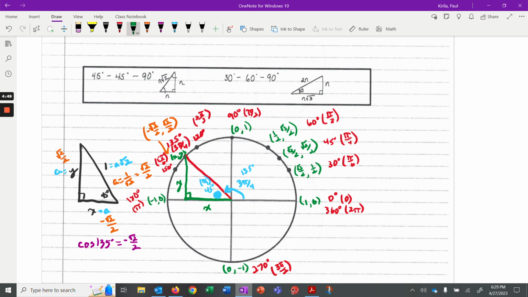For 120 degrees, it's like the 60 degree, but instead of moving right 1/2, I'm moving left 1/2, still up rad 3 over 2. For 150 degrees, I'm moving left radical 3 over 2, still up positive 1/2. In quadrant 3, we're moving left and down, so the x's and y's are both negative. So cosine and sine are both negative in quadrant 3. In quadrant 4, we're moving right, so the x or cosine is positive, but we're moving down, so the y or sine is negative.